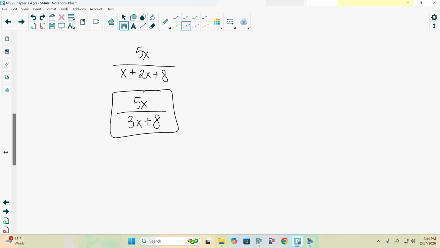I think we like method 2 a little bit better. I mean, both methods work perfectly fine. It's just seeing which one you like better and doing it. I like method 2 a little bit better because we multiply, simplify, we're done.